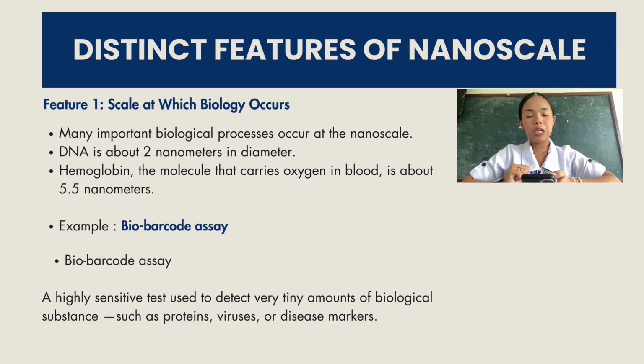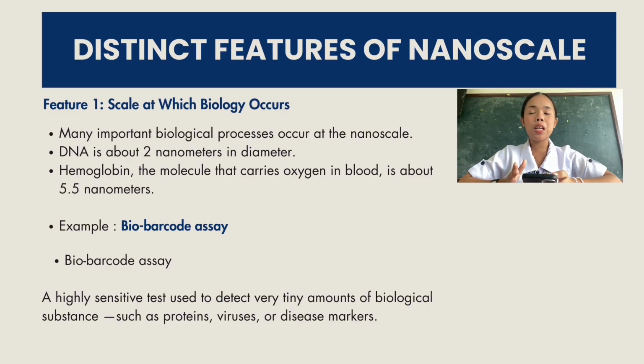Now that we know nanotechnology works at an incredibly tiny scale, between 1 to 100 nanometers, let's explore why this is so important. One of the most fascinating aspects of the nanoscale is the scale at which biology occurs. Many important biological processes occur at the nanoscale.